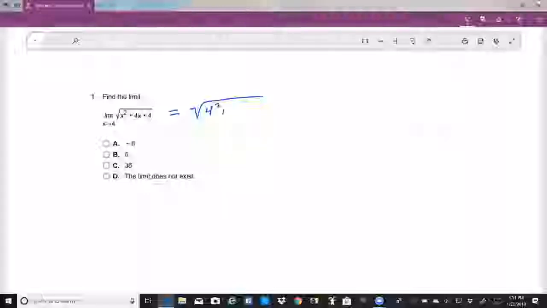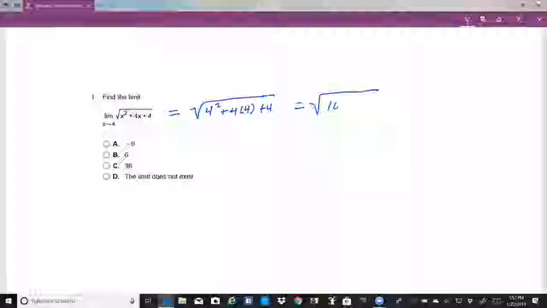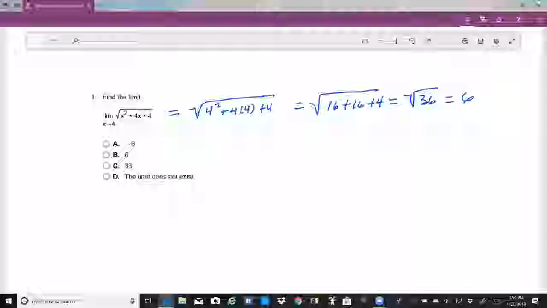The square root of 4 squared plus 4 times 4 plus 4 is equal to the square root of 16 plus 16 plus 4, which equals the square root of 36, which is 6, and the answer is 6.